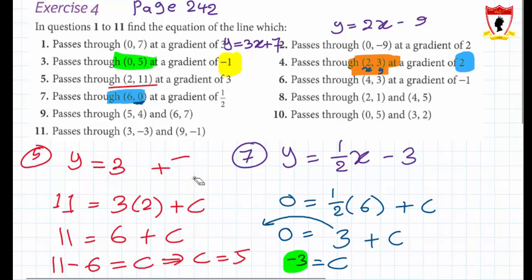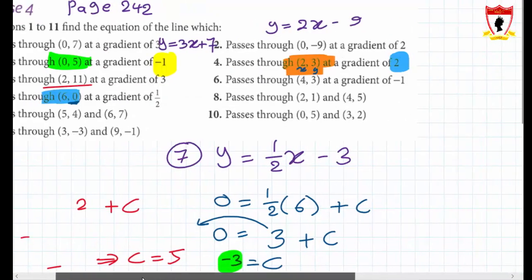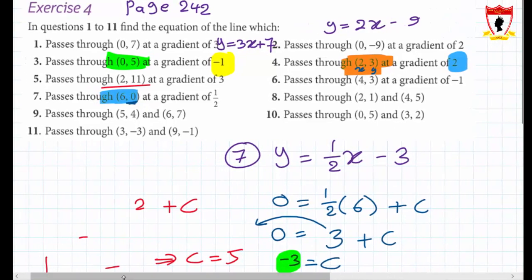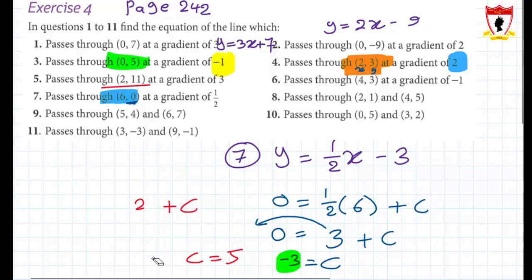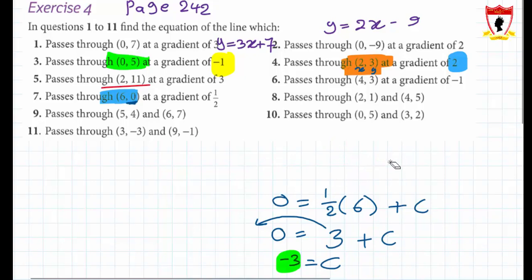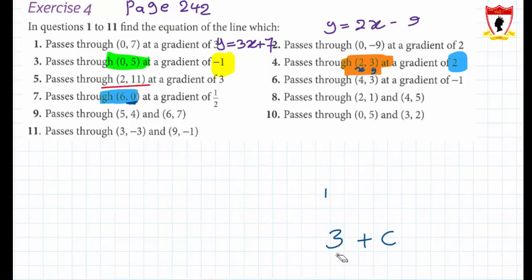Question 8. Previously, we learned how to find the gradient when we have 2 points. So we're going to do the same thing. We will find the gradient, then substitute the gradient in the equation, and use one of the points to help you find the value of the y-intercept. Okay, to find the gradient, we'll say y2 minus y1 over x2 minus x1.